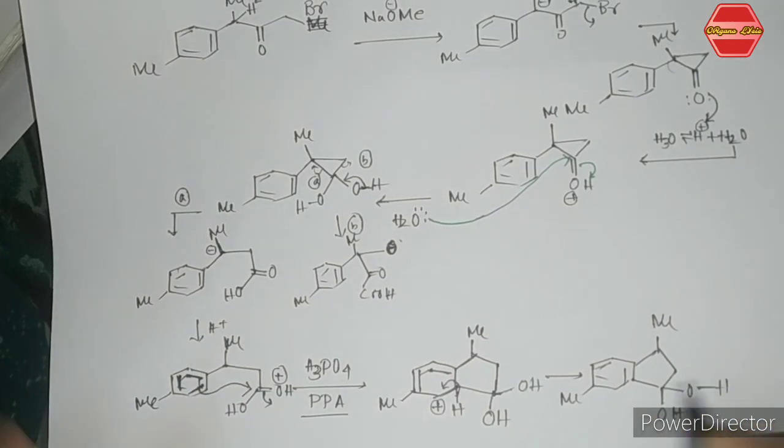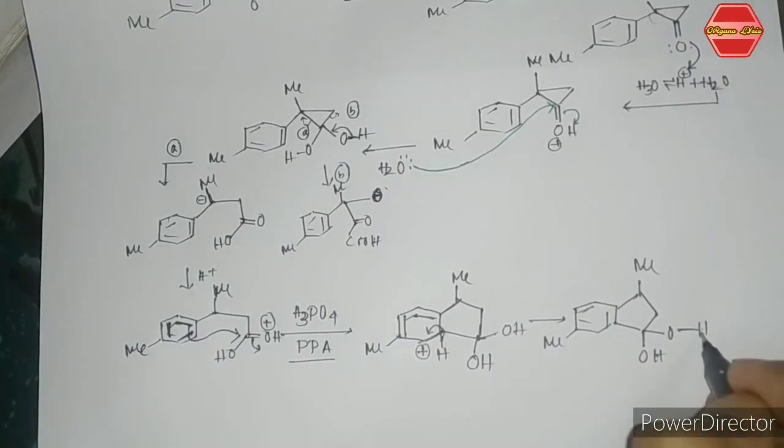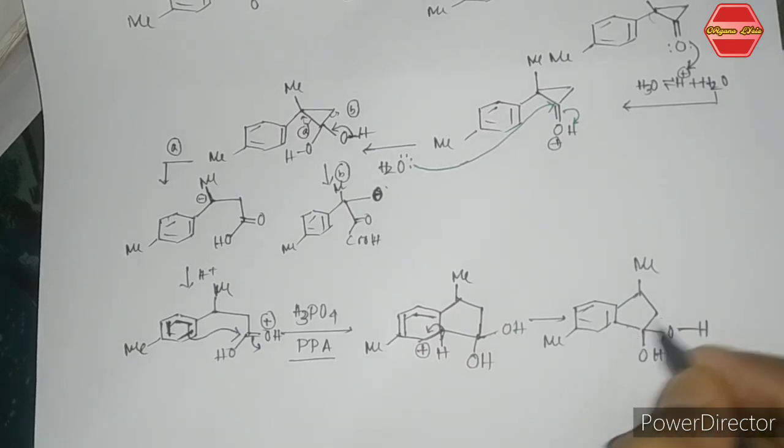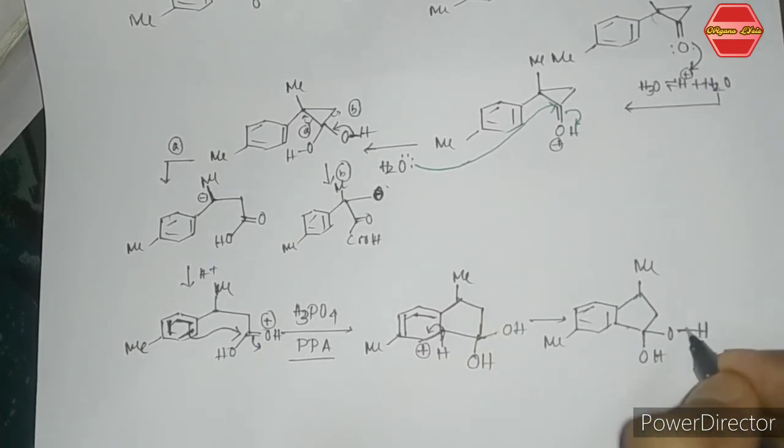Now see, this diol is a geminal diol. So this type of geminal diol always tries to form an aldehyde or ketone. Since there are two alkyl groups, it always tries to form a ketone.